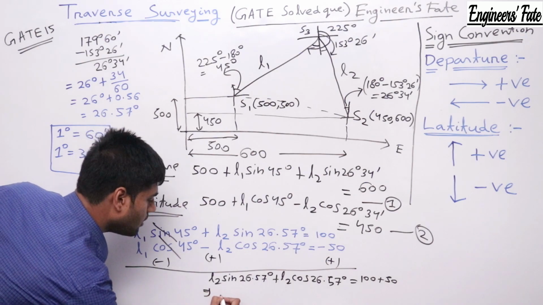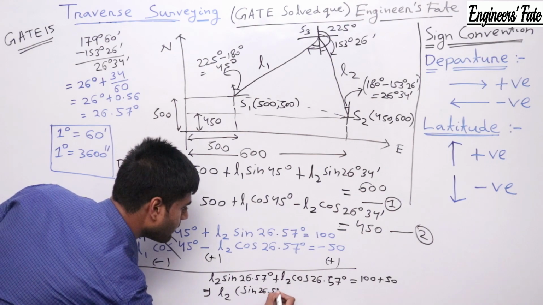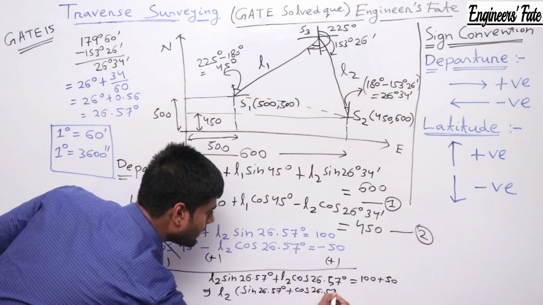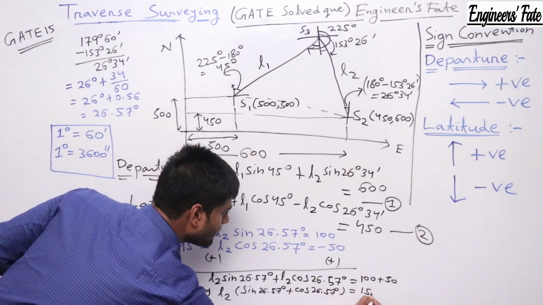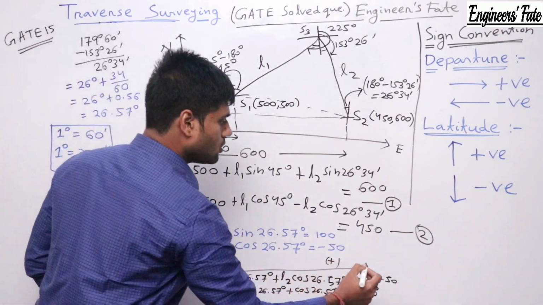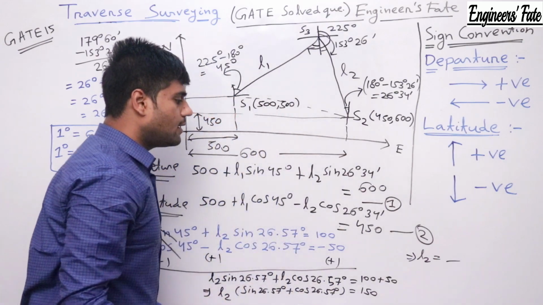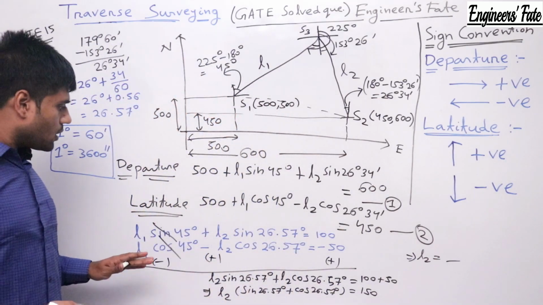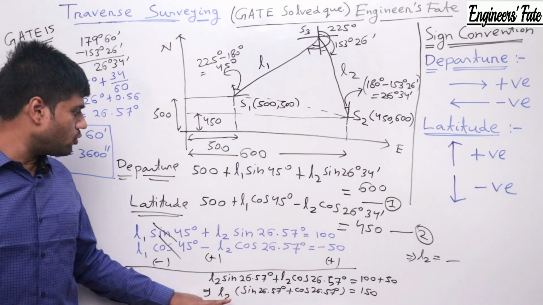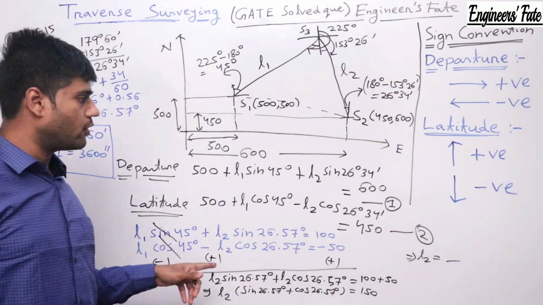So taking L2 common, that will be sin 26.57 degree plus cos 26.57 degree equals 150. So find the value of L2 and put the value of L2 in this equation. So you will find the value of L1.